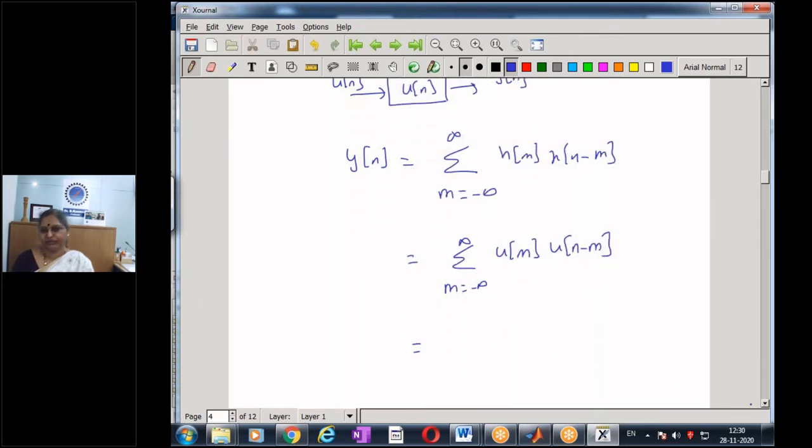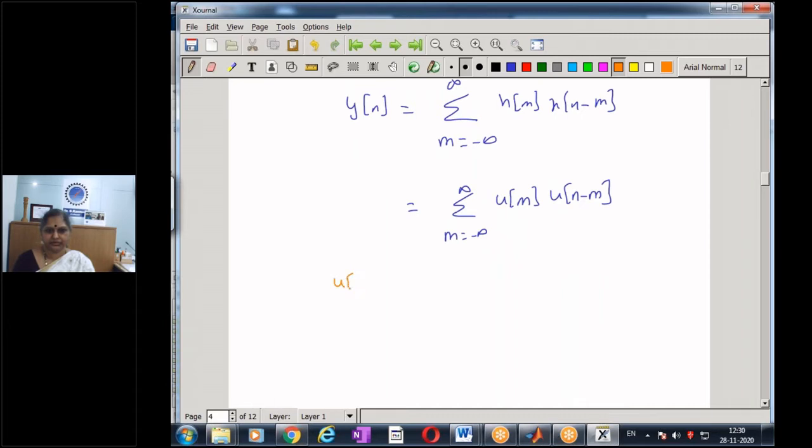Before we compute this, let us sketch the two functions. u of m is the unit step function, so it is 1 for m greater than or equal to 0 and 0 for m less than 0.